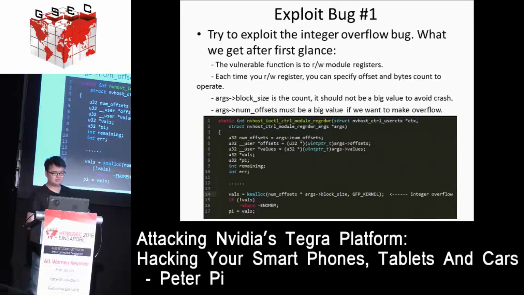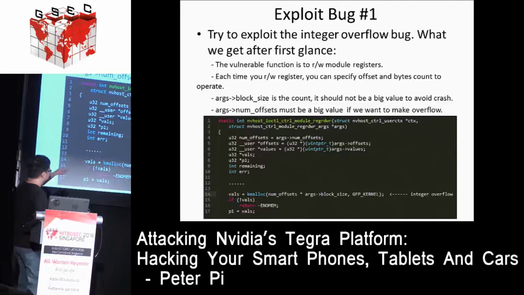Okay, now I will try to exploit the first bug, the integer overflow bug. So what do we get after first glance? The vulnerable function is to read and write a module register. And each time you read and write the register, you can specify one offset and byte count to operate.